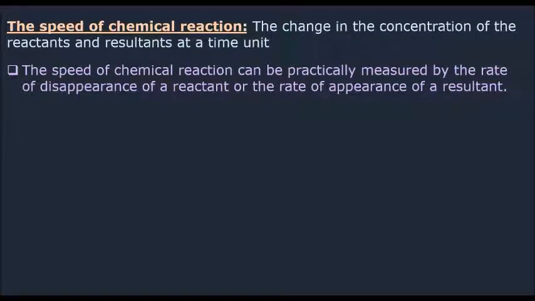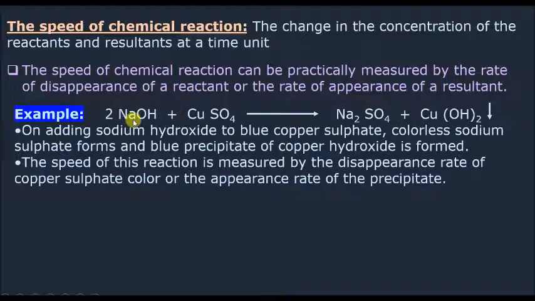We can also do a calculation for the speed of chemical reaction practically. How? By choosing a reaction in which the reactant is colored and the product is also colored. I start an experiment and observe how much time the disappearance of the reactant color takes, and how much time the appearance of the product takes. For example, in this reaction I have sodium hydroxide plus copper sulfate, which produce sodium sulfate and copper hydroxide.